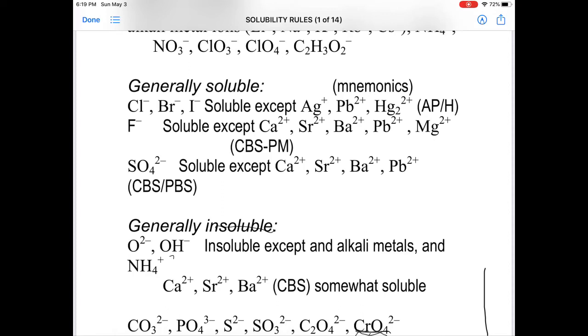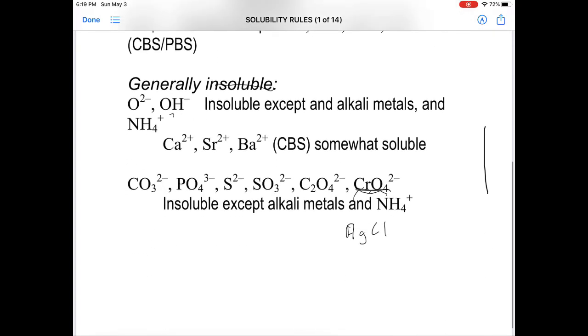So our silver chloride down here would be insoluble. Or if it was formed in a reaction, it would make a precipitate.